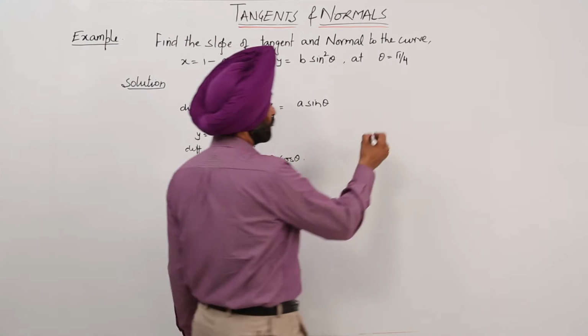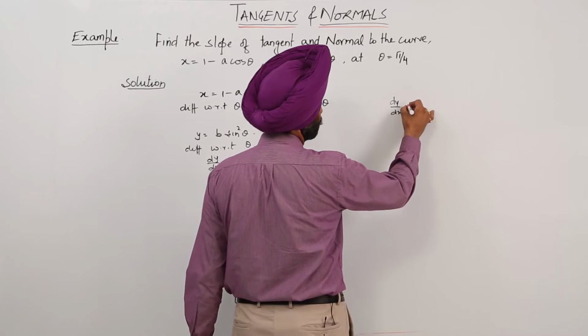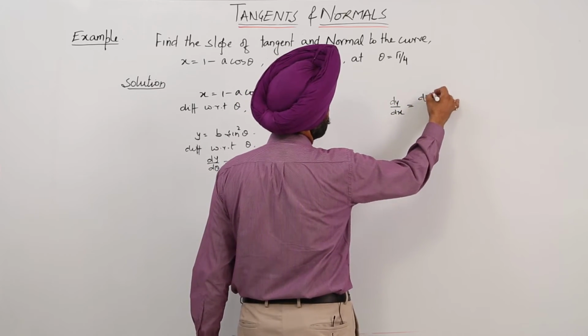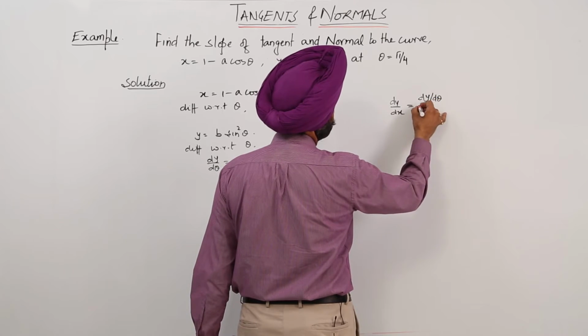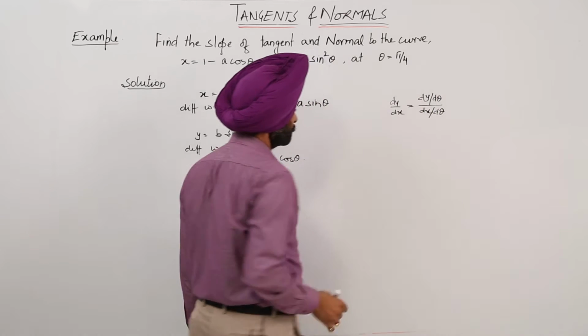Okay. Now dy by dx is equal to dy by d theta upon dx by d theta.